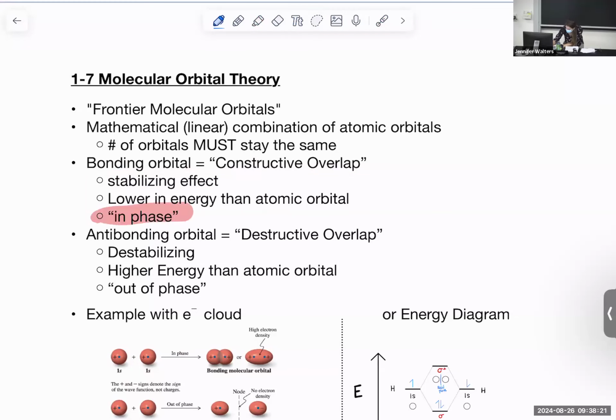And we represent this with matched shading. Either they are both shaded or both unshaded, but it has to match. That is saying that they are compatible. That is saying that they actually have opposite spins, so that they can both fit in the same orbital. It's saying that they're allowed to come together.